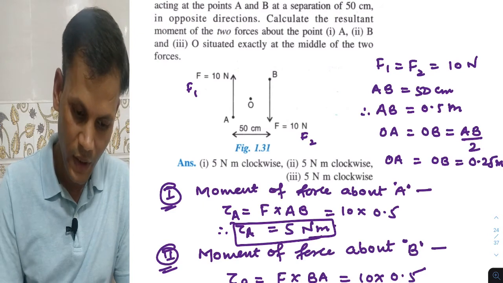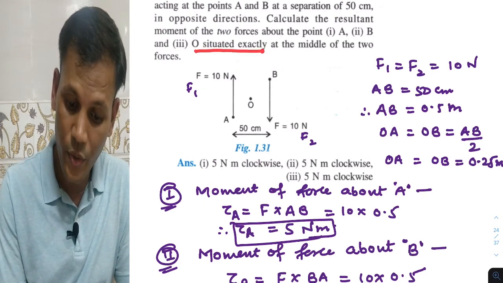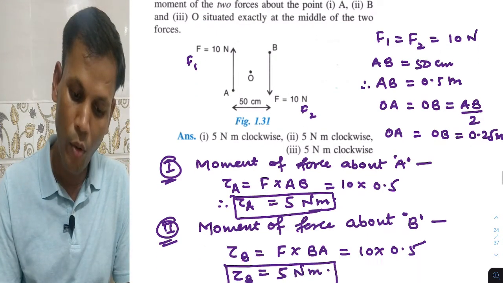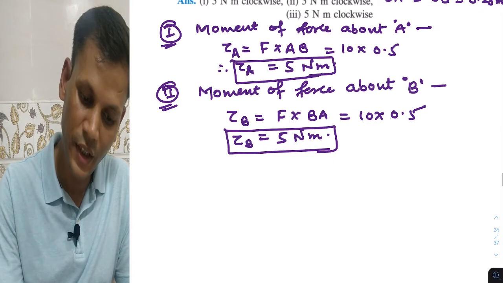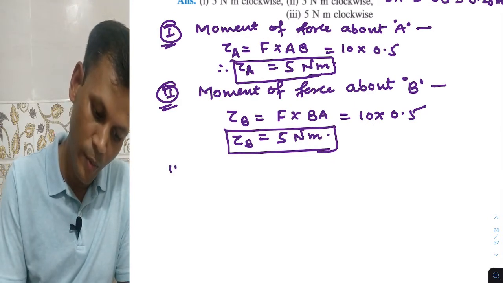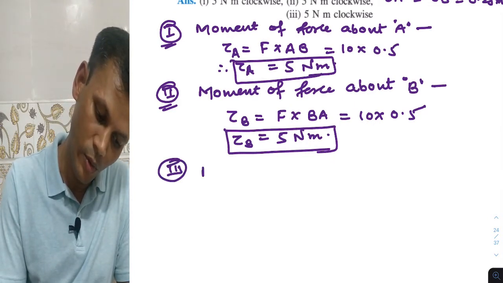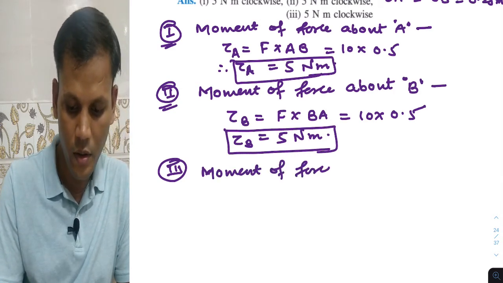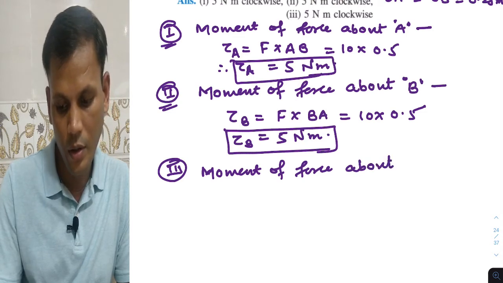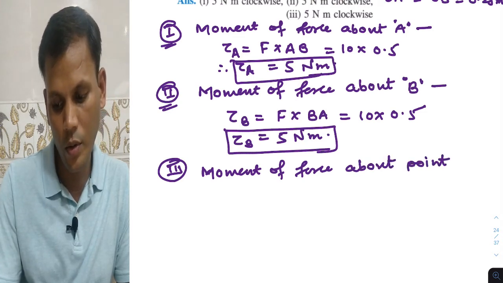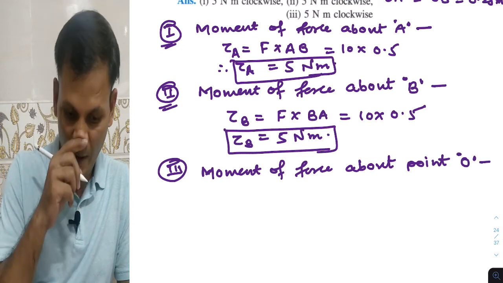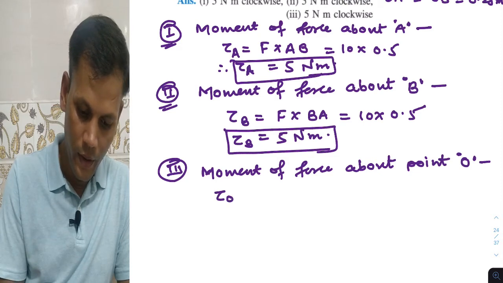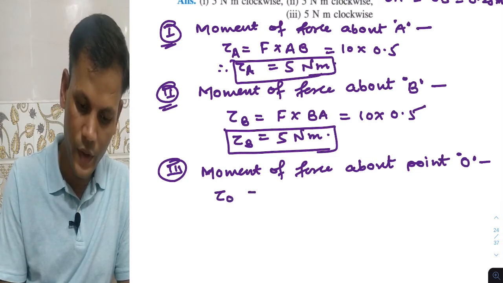Now the third part, C: O is situated exactly at the middle of the two forces. Now the moment of force about point O. What will tau O be equal to?